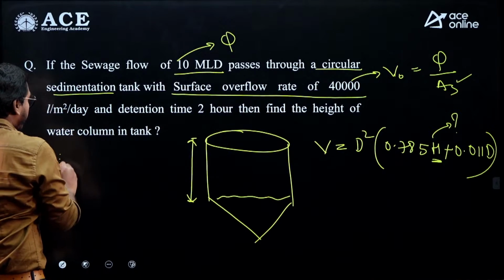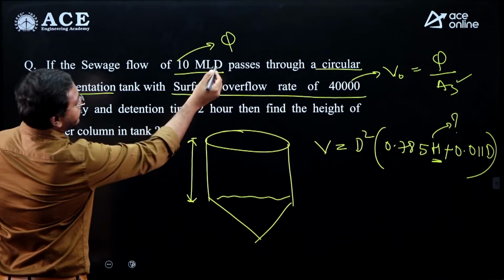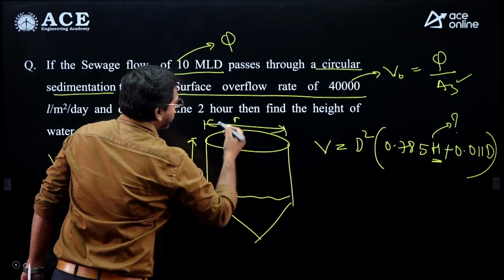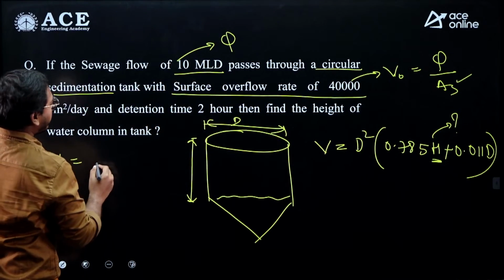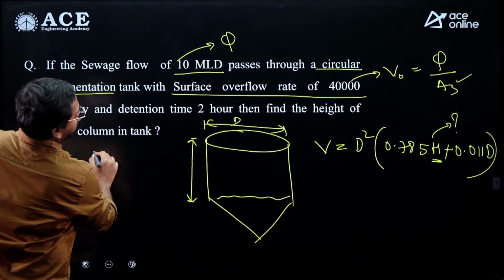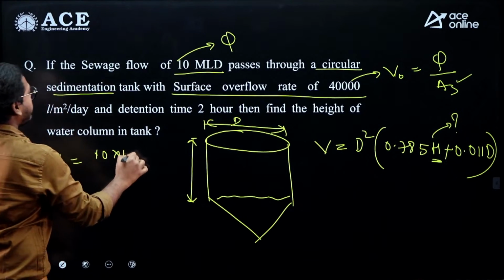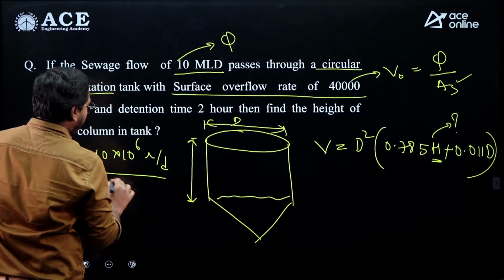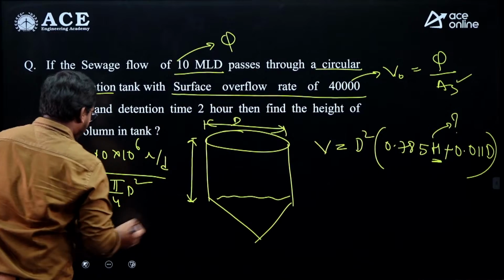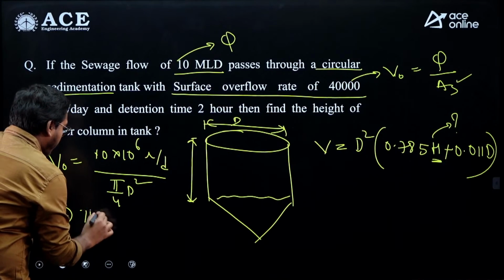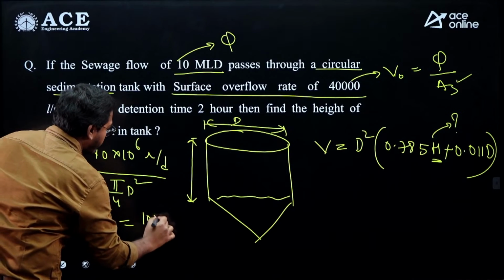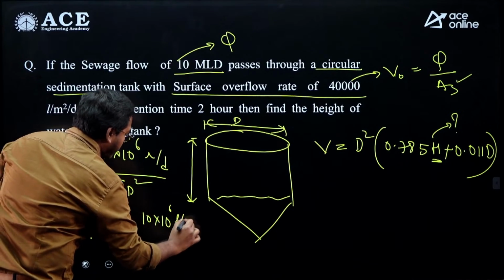So let us solve this question. I know V naught is equals to Q by AS. So AS, surface area, will be pi by 4 into d square. So I can write it as 10 MLD. MLD means 10 to the power of 6 liter per day, divided by AS, which is pi by 4 d square. So I can write pi by 4 d square is equals to 10 into 10 to the power of 6 liter per day.